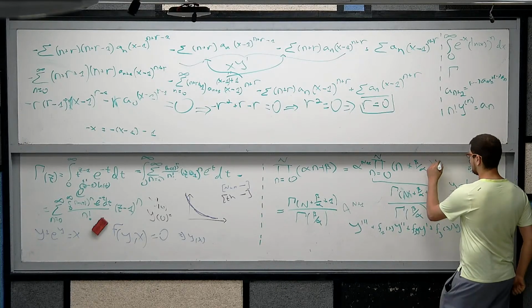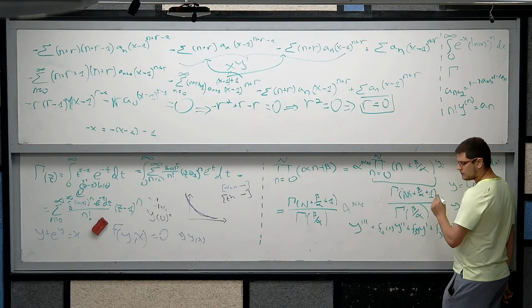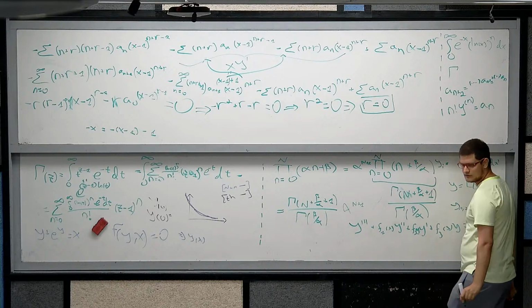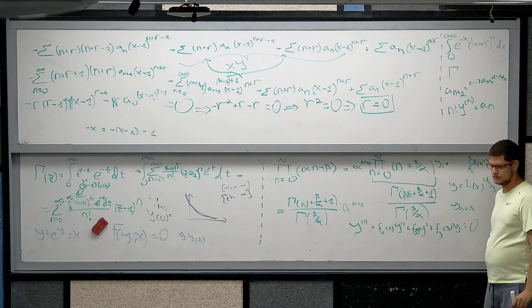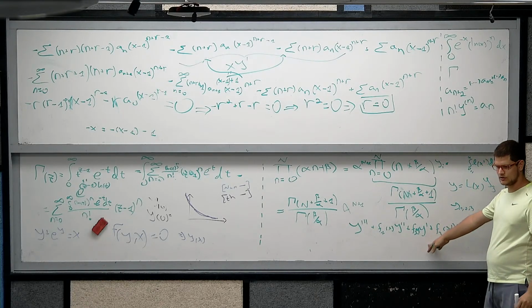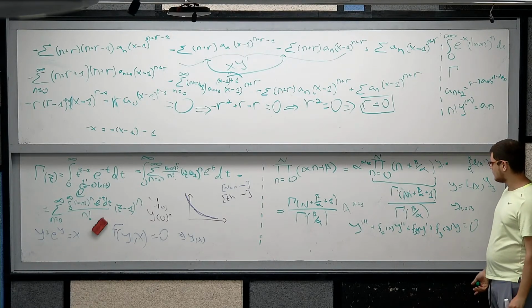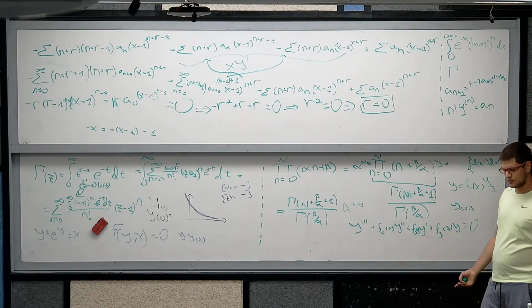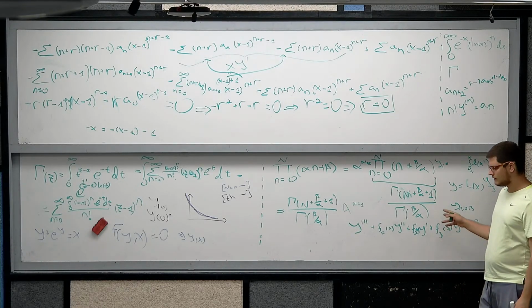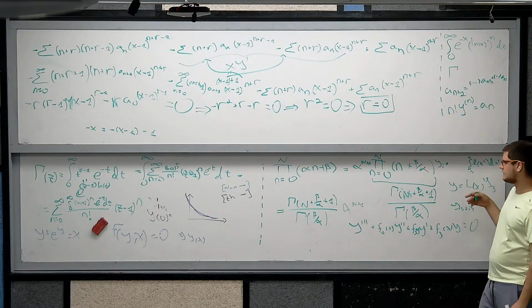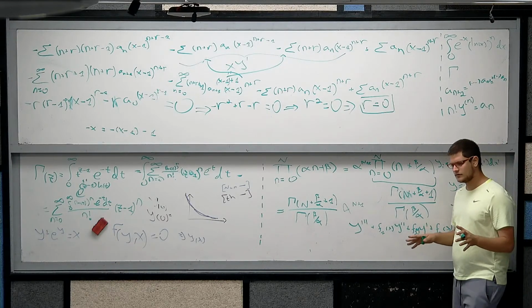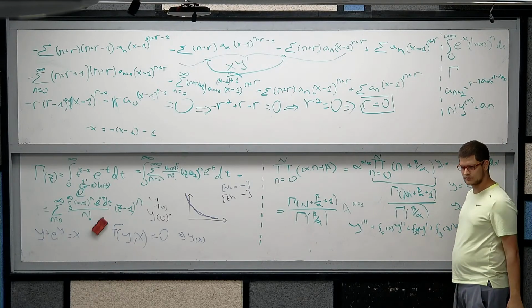Now we have yi, it's a solution to the original differential equation, not the new one. The original one and the new one have some sort of the same solutions.